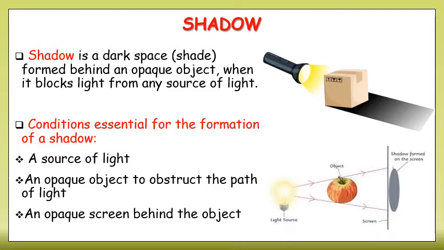Okay. Now, what are the conditions usually needed for the formation of a shadow? The conditions which are essential for the formation of a shadow are: we need a source of light, then there should be an opaque object to obstruct the path of light, and also we need an opaque screen behind the object.